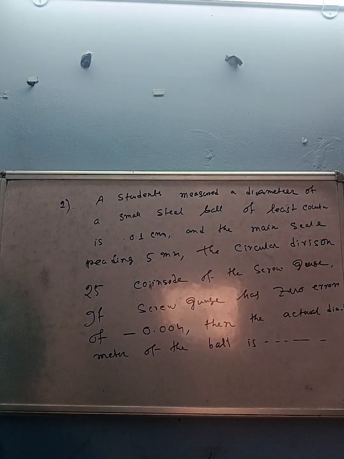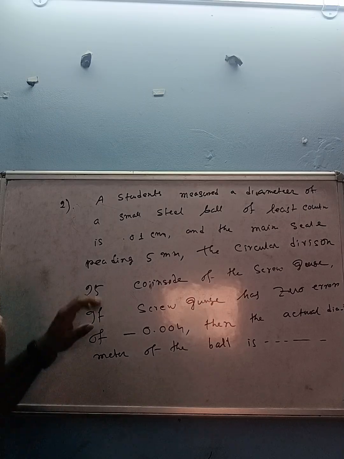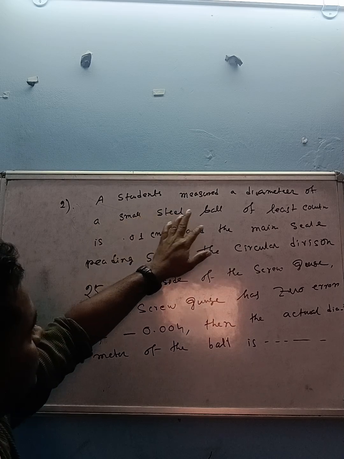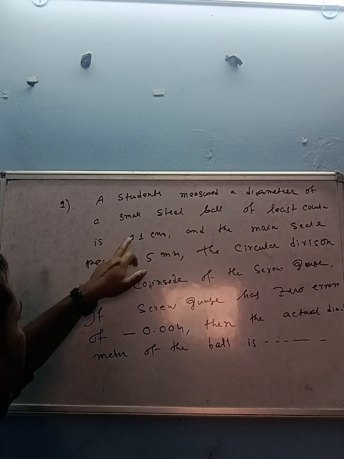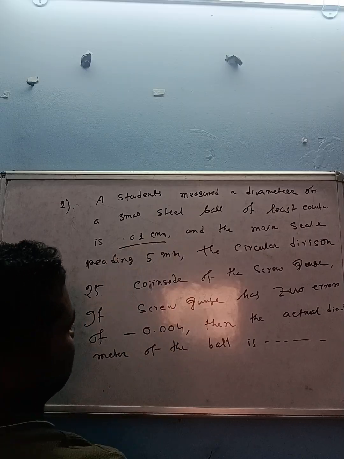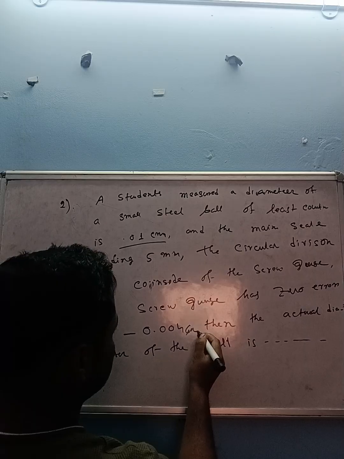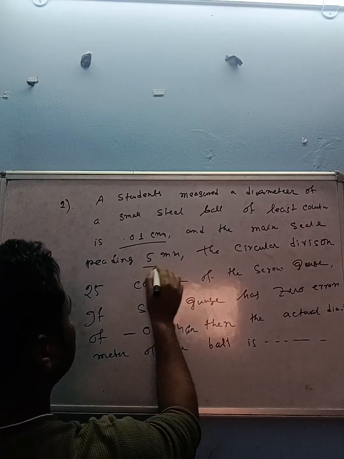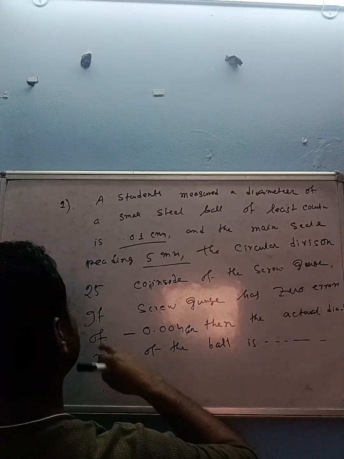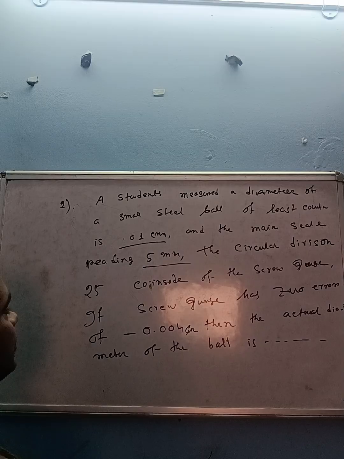Read out the question. A student measures the diameter of a small steel ball, the least count is 0.01 centimeter. Here it is centimeter, here also centimeter, but here it is mm, we have to watch that. The circular division 25 coincides on the screw gauge.